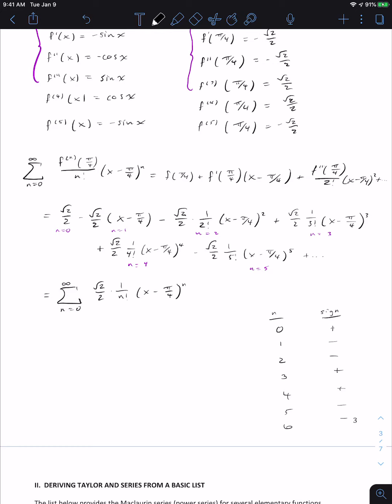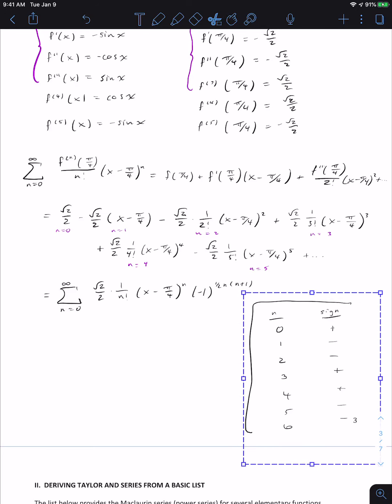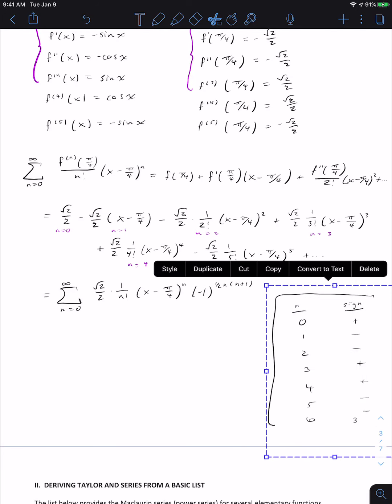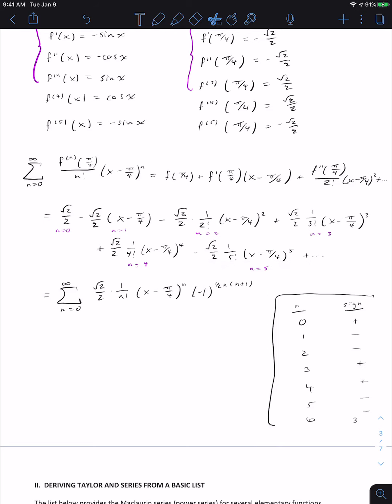And here's the pattern. In order to get this to happen, I should write negative 1 to the power of 1/2 times n times (n plus 1). And you'll notice if I do that, then I end up getting the right signs. For n equals 0, it would be 1/2 times 0, so negative 1 to the 0 power is positive. Now how about when I plug in 1?